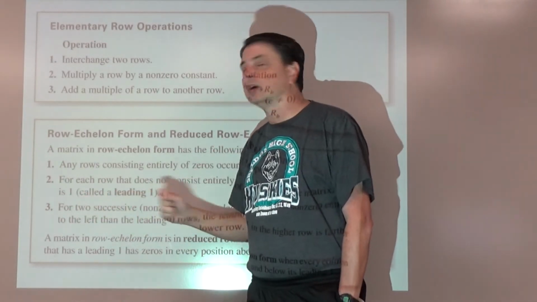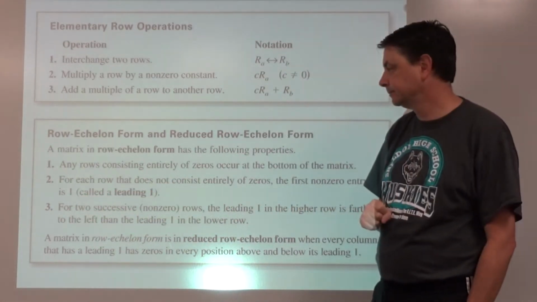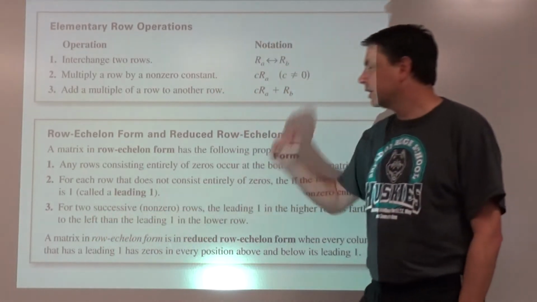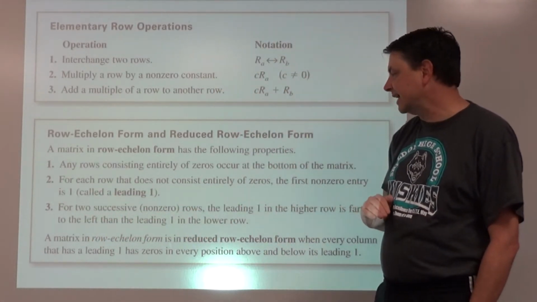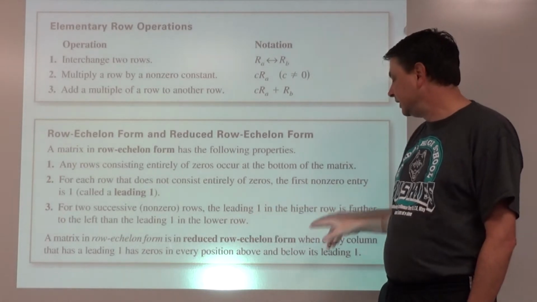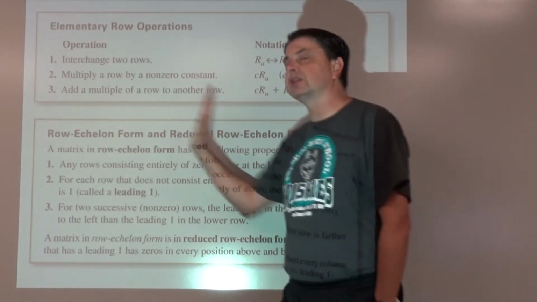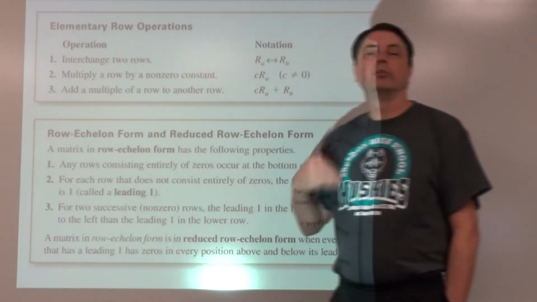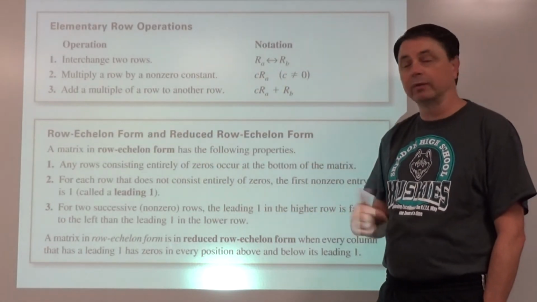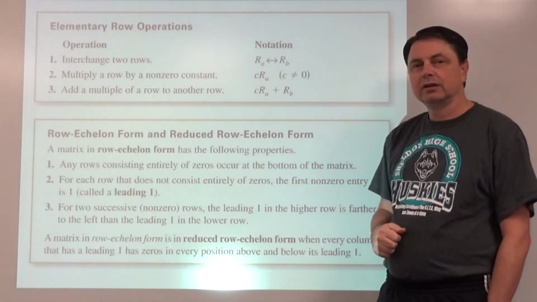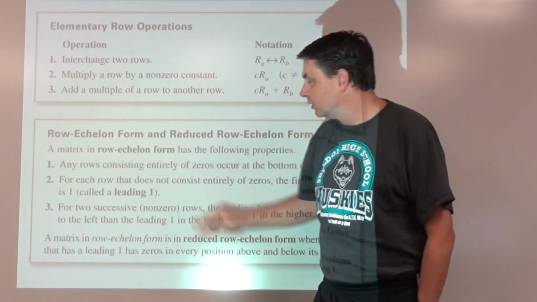And that 1 is called a leading one. And then number 3, for any 2 successive rows, the leading one in the higher row needs to be farther to the left than the leading one from the row below it. So that defines row echelon form.